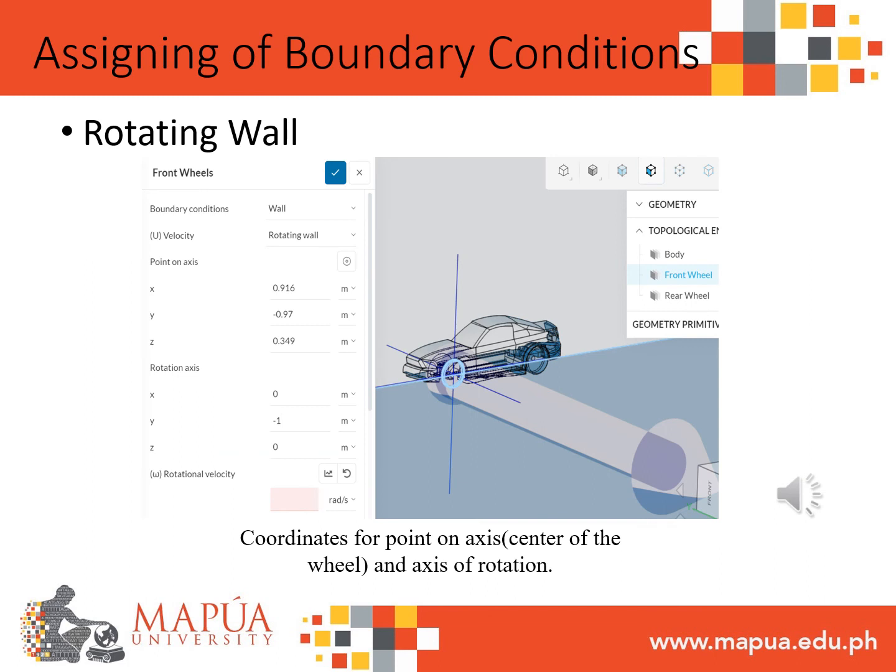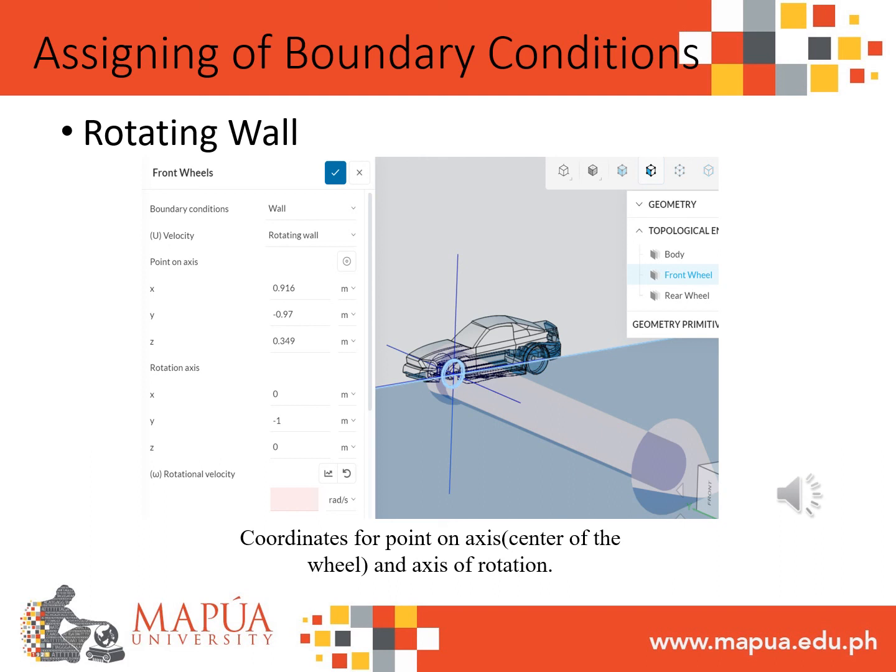We will also simulate the wheel's rotation. And for us to do that, we need to assign the rotating wall boundary condition to our wheels. In assigning this boundary condition, we need to define our point on axis and axis of rotation.